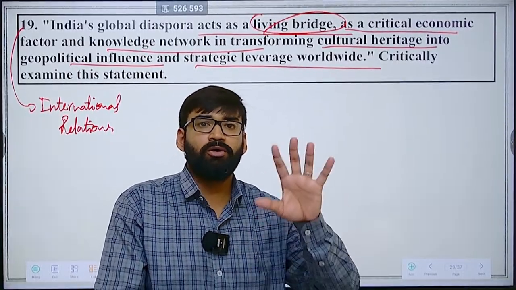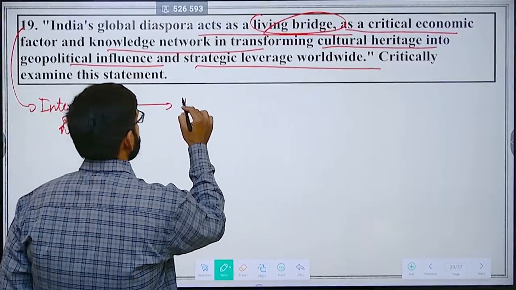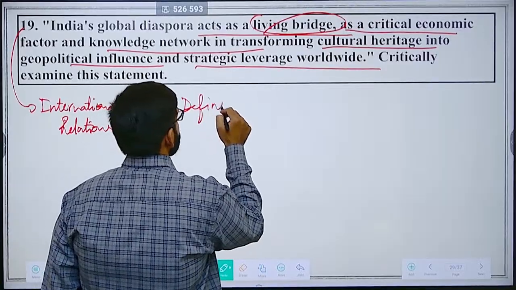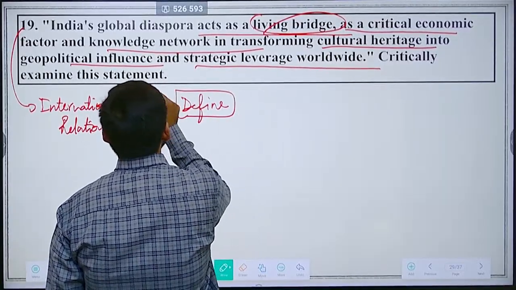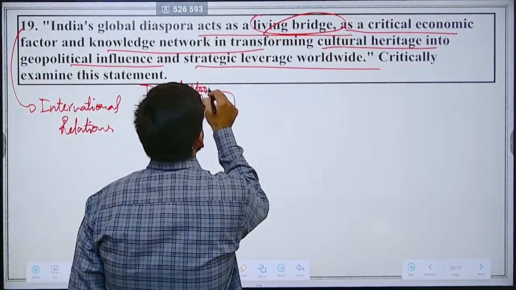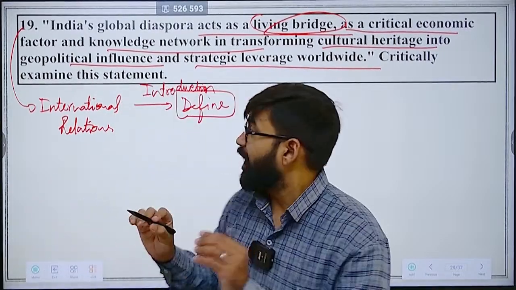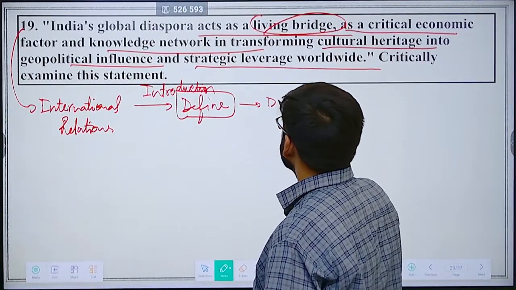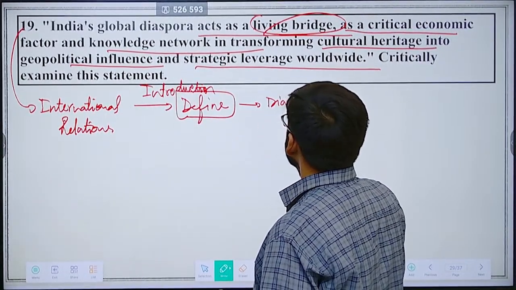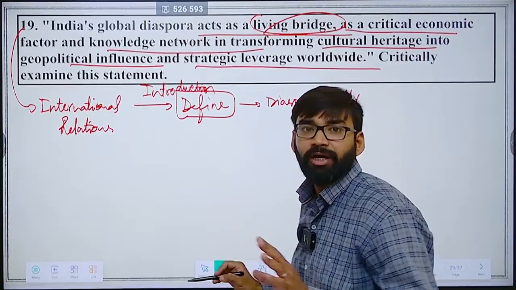So first we'll talk about the introduction. So how you are going to define introduction here? So here, first of all, in introduction, this question is related to diaspora, and then the segments which includes your living bridge. है ना? So you have to define diaspora briefly. You have to define.